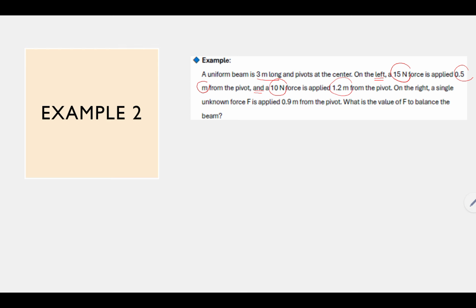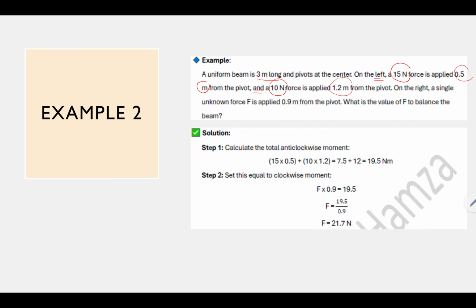Can I just add the forces 15 plus 10 and 0.5 plus 1.2? No. You need to find the moment for each and then add those moments together.